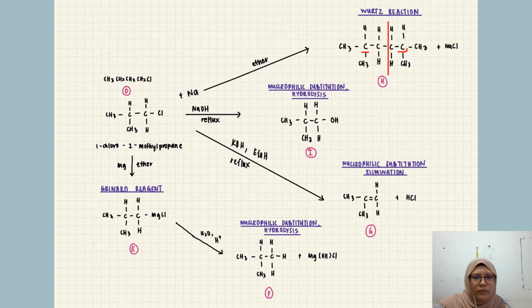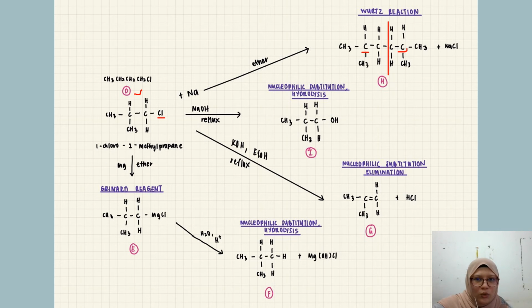So by knowing that, we can know that structure D is like this. And the IUPAC name of structure D is 1-chloro-2-methylpropane. So how do we know that it is Cl that is attached to structure D?